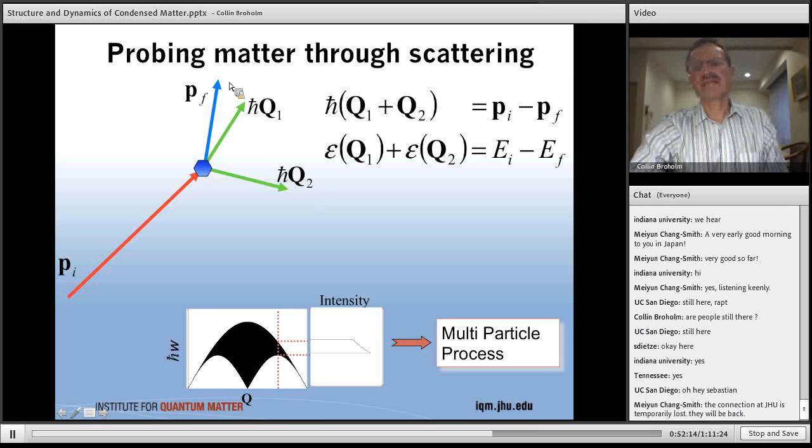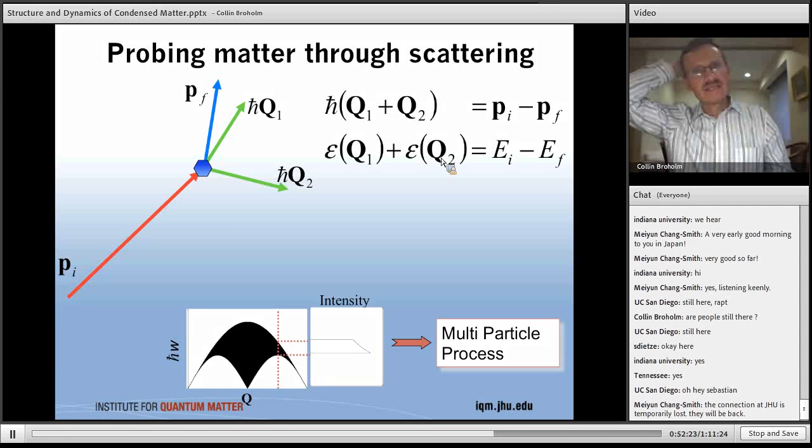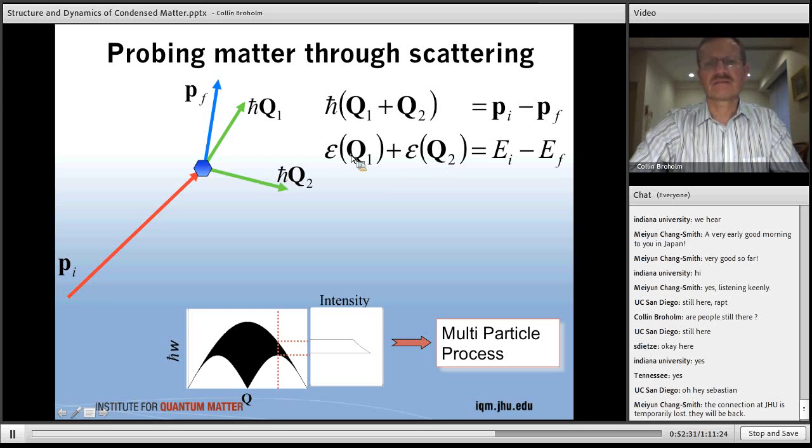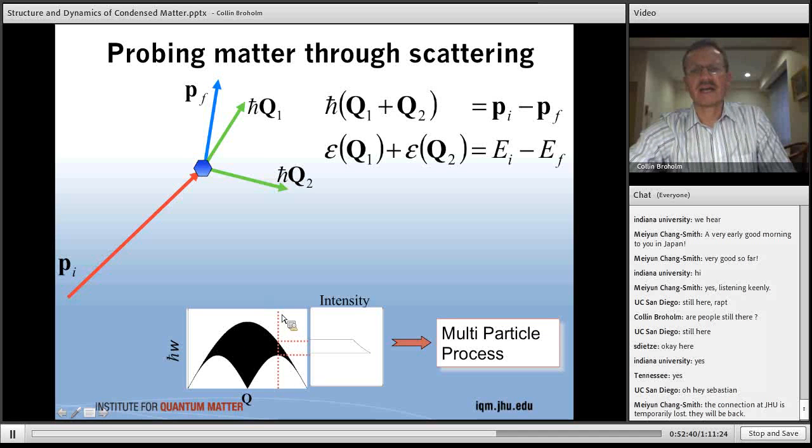And likewise, when I measure energy transfer, I don't know how much energy went to the first particle and the second particle. And as a result of this, for these types of scattering processes, I'm not able to directly extract the dispersion relation for the underlying quasi-particles. However, I do obtain a bounded continuum of scattering.